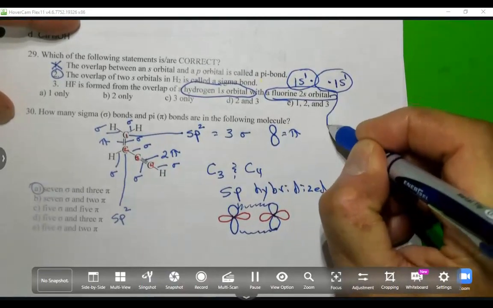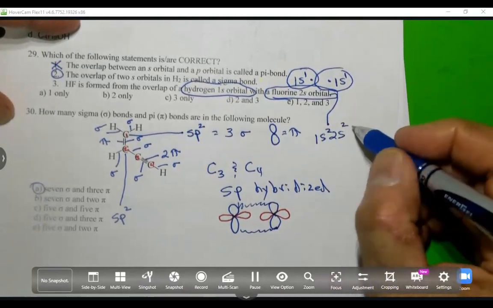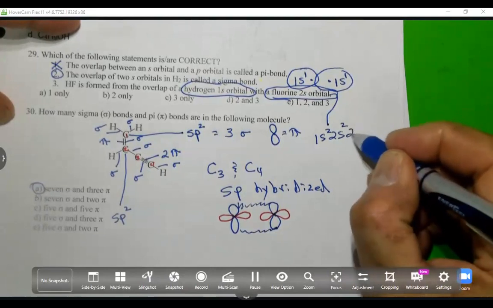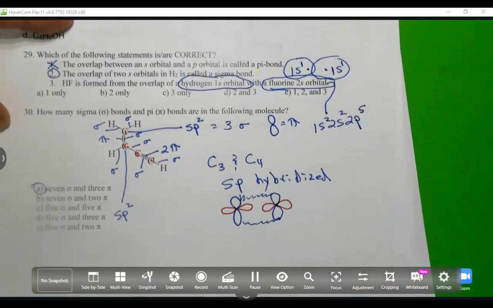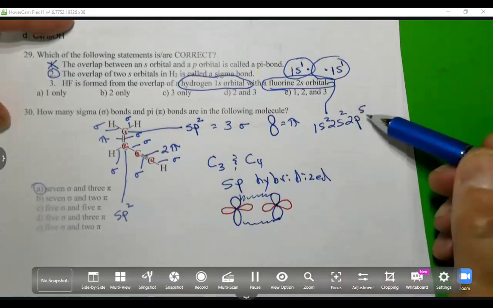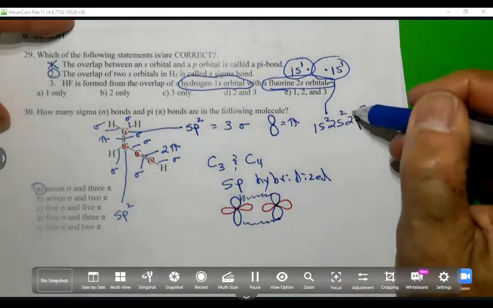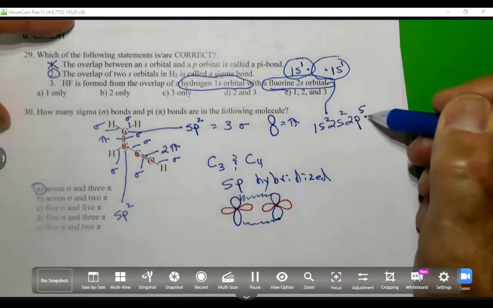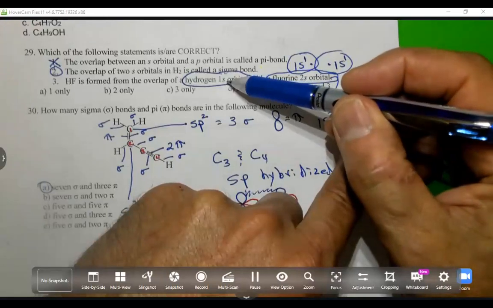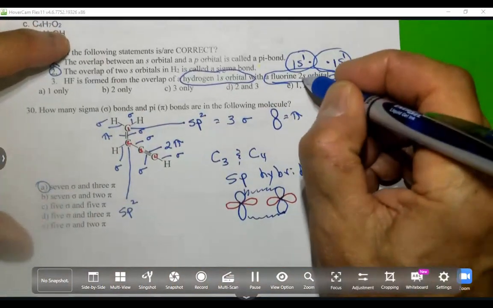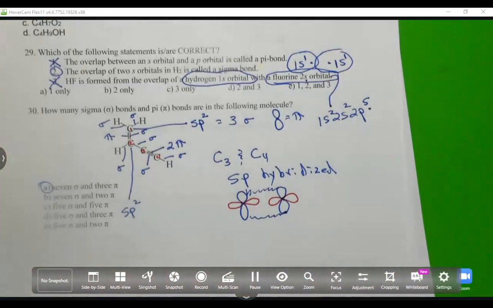What's the electron configuration notation of fluorine? 1s2, 2s2, 2p5. So what's going to happen is it's going to be a 2p orbital. There's where you only have 1 electron, right? There's 1 electron in a p that is going to overlap with this 1s electron here. This should be a 2p. Okay, that should complete this quiz.